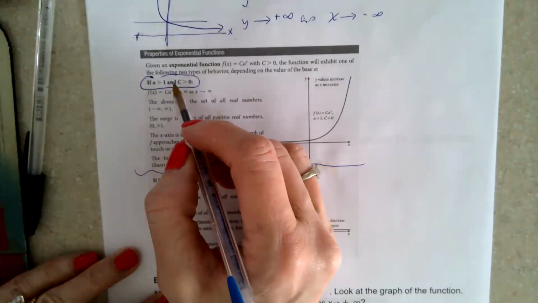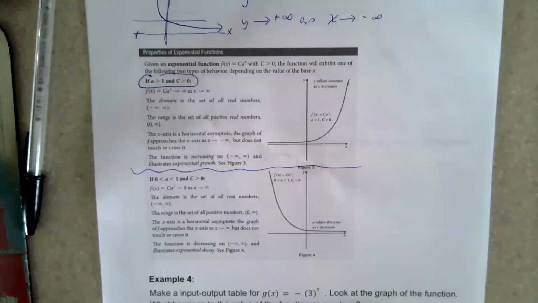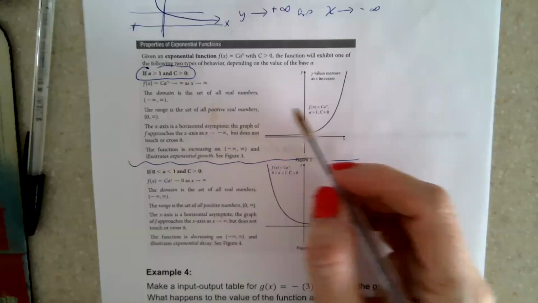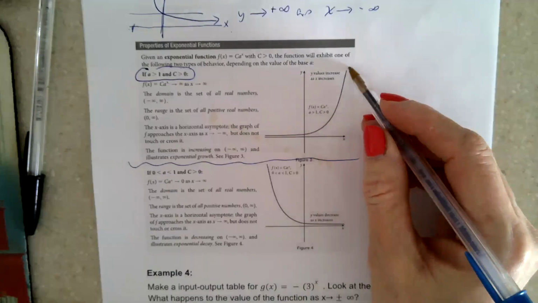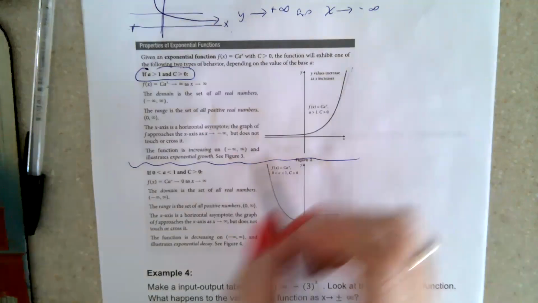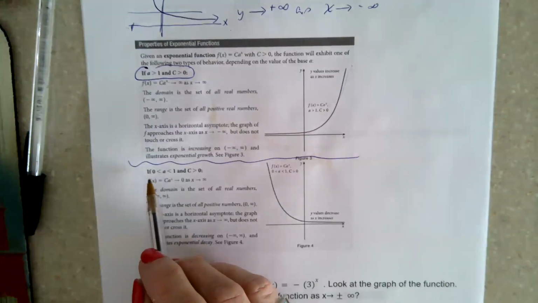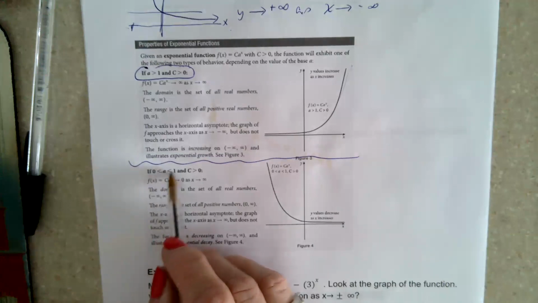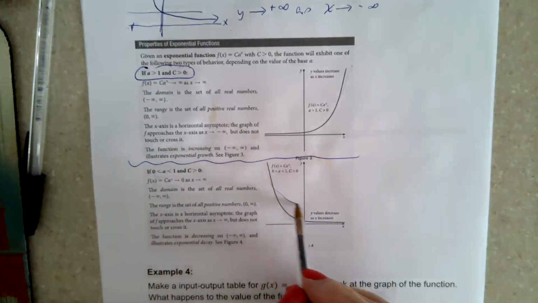So when our multiplier is greater than 1 and c is greater than 0, it's increasing. And when our multiplier is a fraction, it's going to be a decreasing function here.